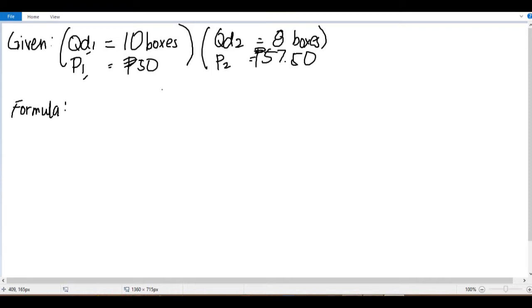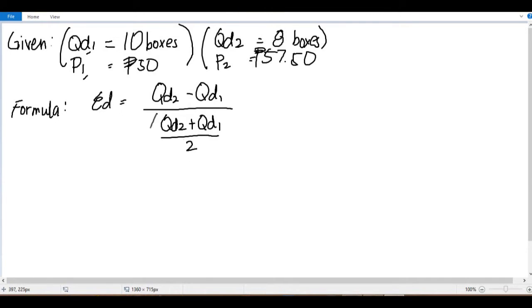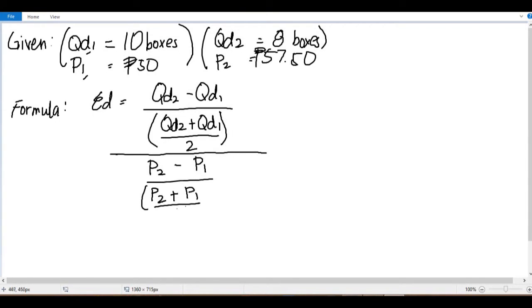So, the formula for the elasticity of demand is QD2 minus QD1 divided by QD2 plus QD1 divided by 2. Okay? So, that's a quantity all over P2 minus P1 divided by P2 plus P1 all over 2. Okay? So, this is the formula we'll be using.